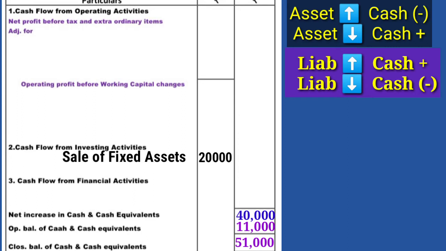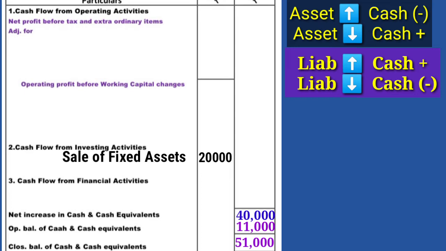Next item is debtors. 2011, 96,000, in 2012, 83,000. Debtor is a current asset. This current asset, where will we record? It will be recorded in operating activity after the operating profit before working capital. So we have the golden rule. When asset increases, cash balance decreases. When asset decreases, cash balance increases.